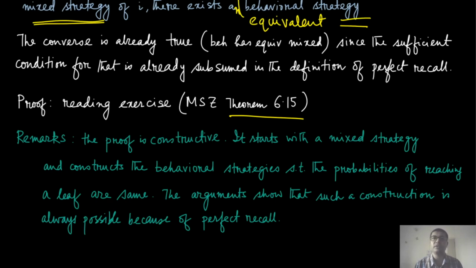In particular, behavioral strategies are more natural because it is randomizing at every information set. Therefore, without loss of generality in games with perfect recall, we can talk about behavioral strategies, which is the only randomization policy in imperfect information extensive form games.